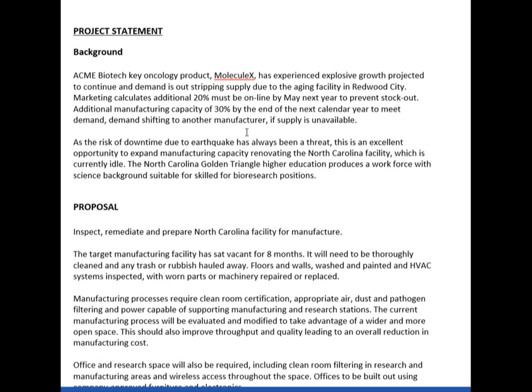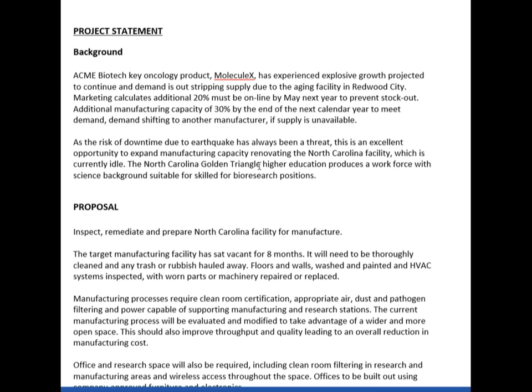In the background, what we're describing is the problem that we want to resolve or an opportunity. In this particular instance, we have a potential problem, and that problem is going to be a stock out, or the inability to manufacture product to meet demand by the middle of next year unless we add production manufacturing capacity.